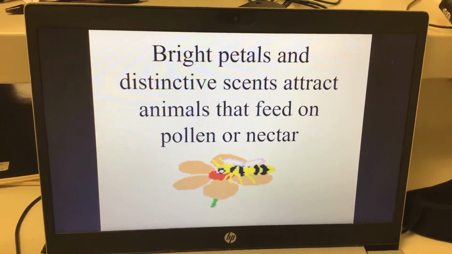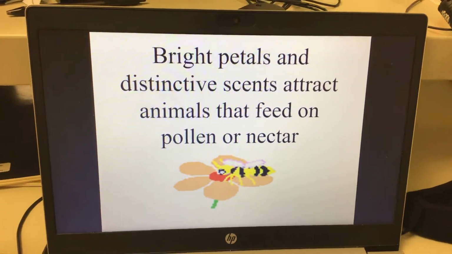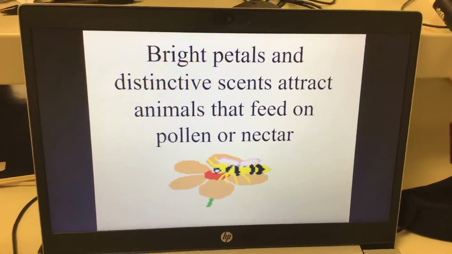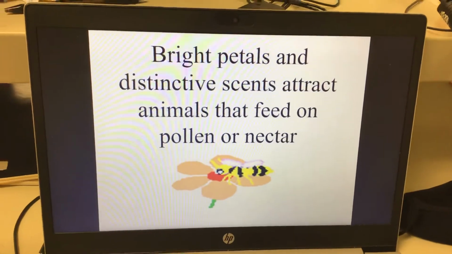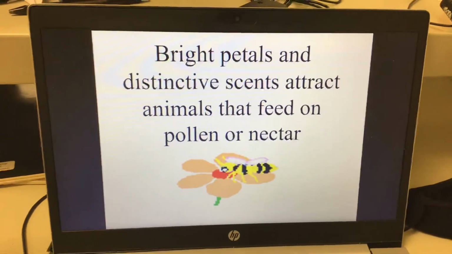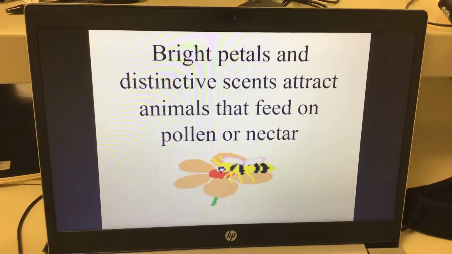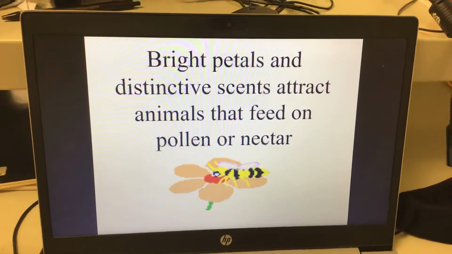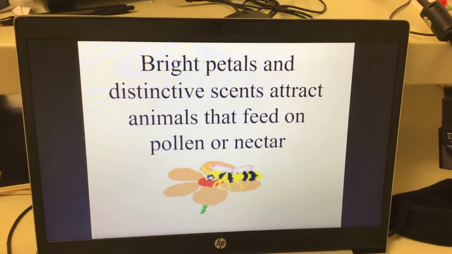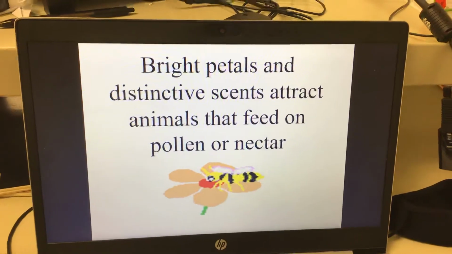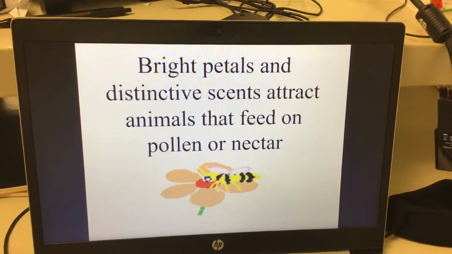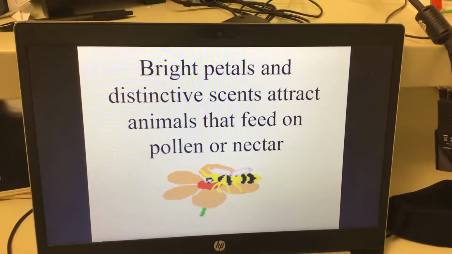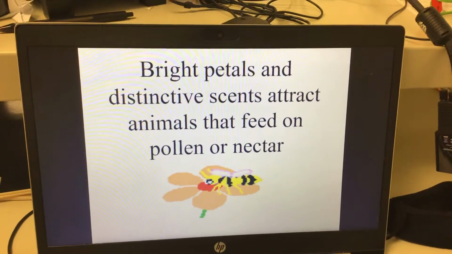Nectar is like orange juice, apple juice. It's very sugary, and most insects love it. So it produces that nectar, and the insect comes to drink the nectar, and when it does, that pollen, which is sticky, will stick to the insect.